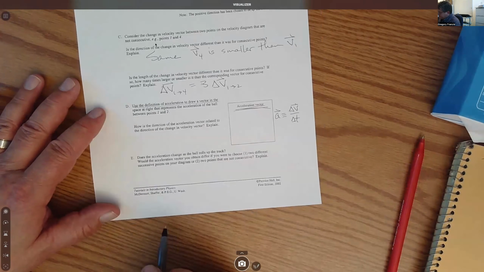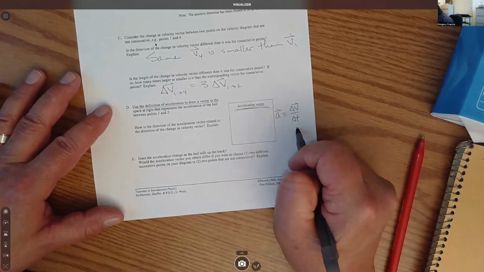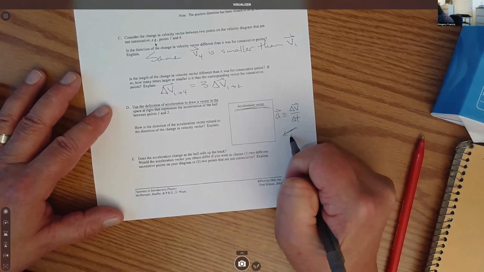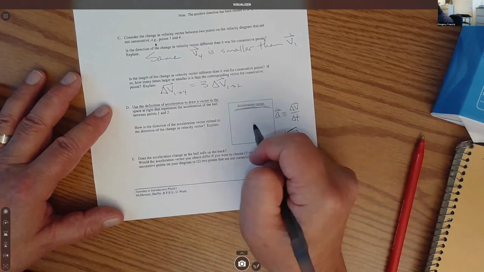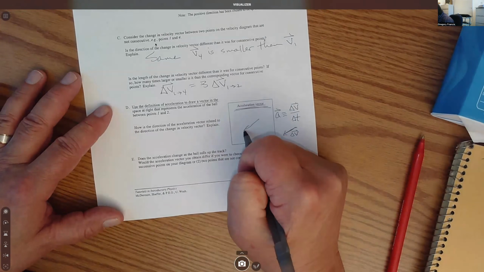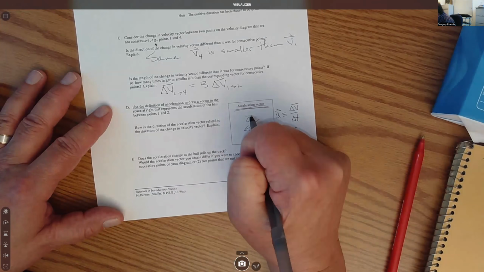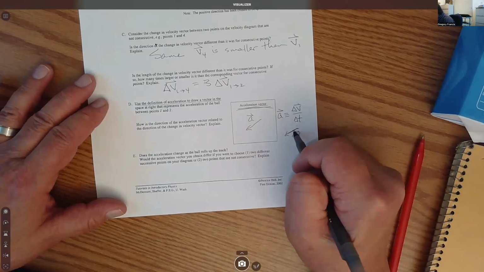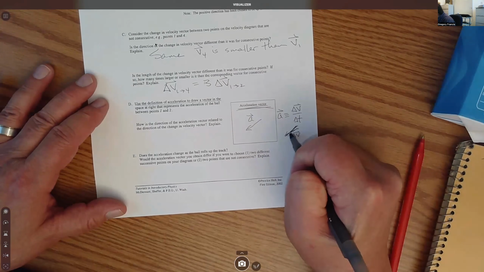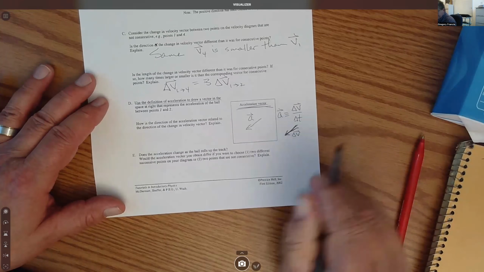Now, if the change in velocity vector is down the ramp, the acceleration vector must also be down the ramp. These two should be in the same direction. I just can't draw. You know what I mean.